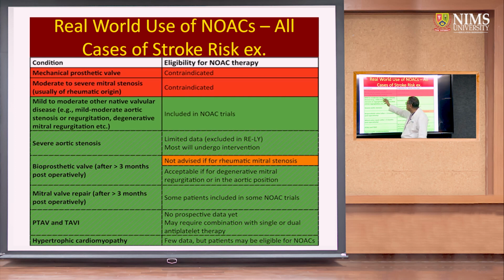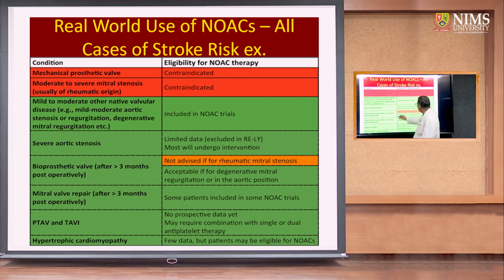But what about other valve diseases and mild diseases? Then you can use a NOAC here, because it will have less bleeding risk and you do not require that much efficacious anticoagulation. In severe aortic stenosis, there is limited data, but there is not that much LA enlargement in aortic stenosis, so you could use any of them.